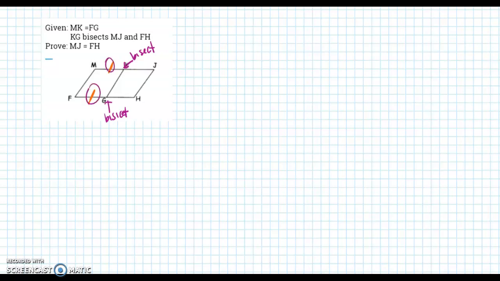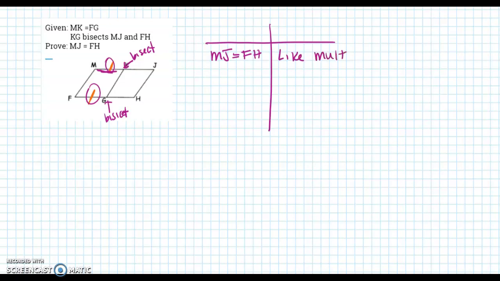But think about what you do. If you were to take this little part and double it, wouldn't you get the big part? Yes, you would. So you could do a proof similar to how the first one we just did. Or you can just say that MJ is equal to FH because of like multiples.